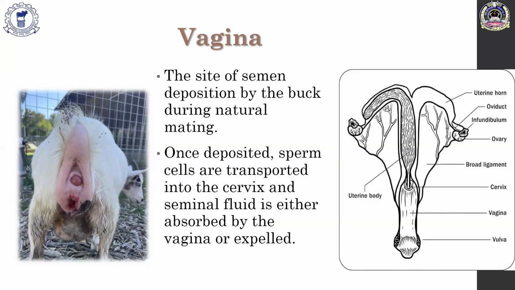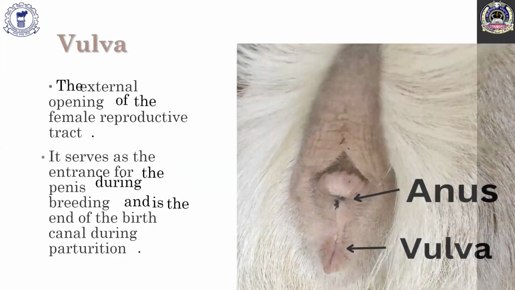But it's not an advanced and recommended method because disturbance and deformity in semen can occur. Once deposited, the sperm cells are transported into the cervix and seminal fluid is either absorbed or expelled by the vagina. So this is the role of the vagina.